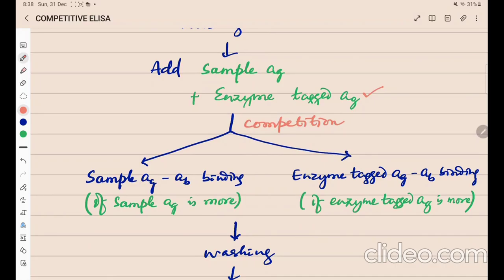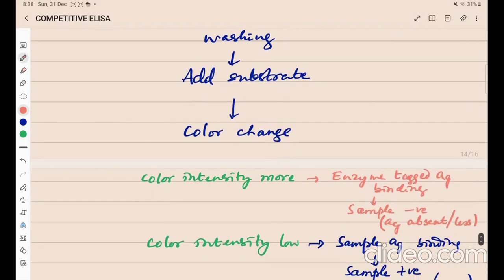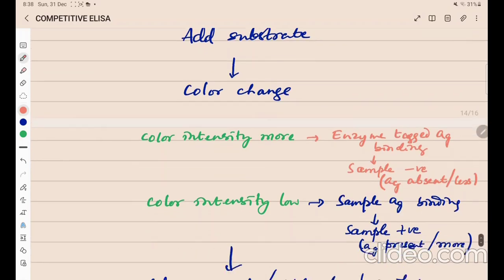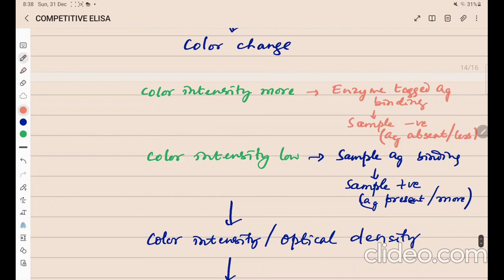If enzyme tagged antigen is more, that means the sample antigen is less or nil, not available. Then in that case enzyme tagged antigen and antibody will bind. Then washing, add substrate, color change. If color intensity is more, then enzyme tagged antigen binding, that means the sample is negative, antigen is absent or less. If color intensity is low, sample antigen binding, the sample is positive, antigen present or more.